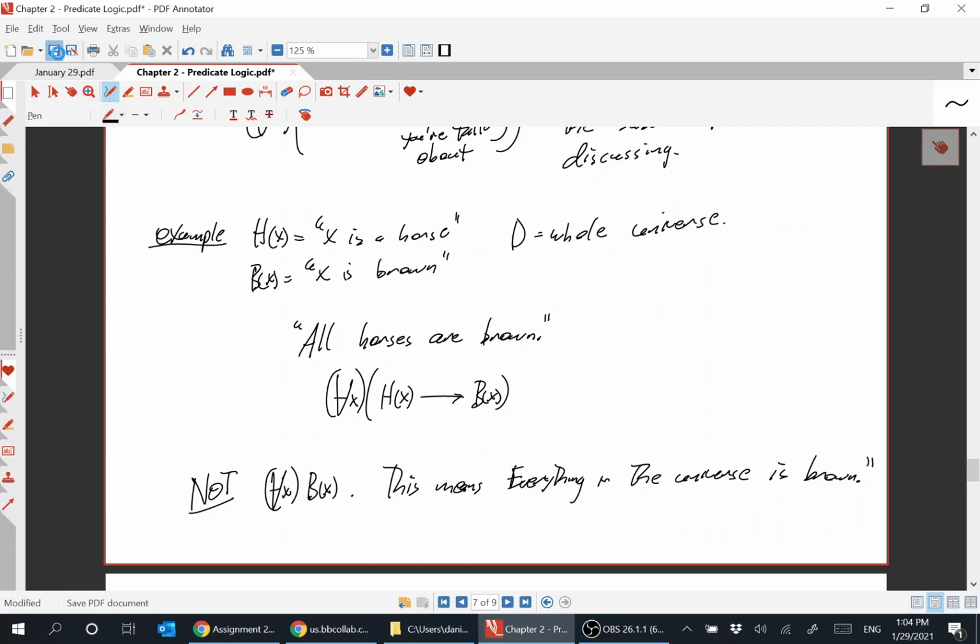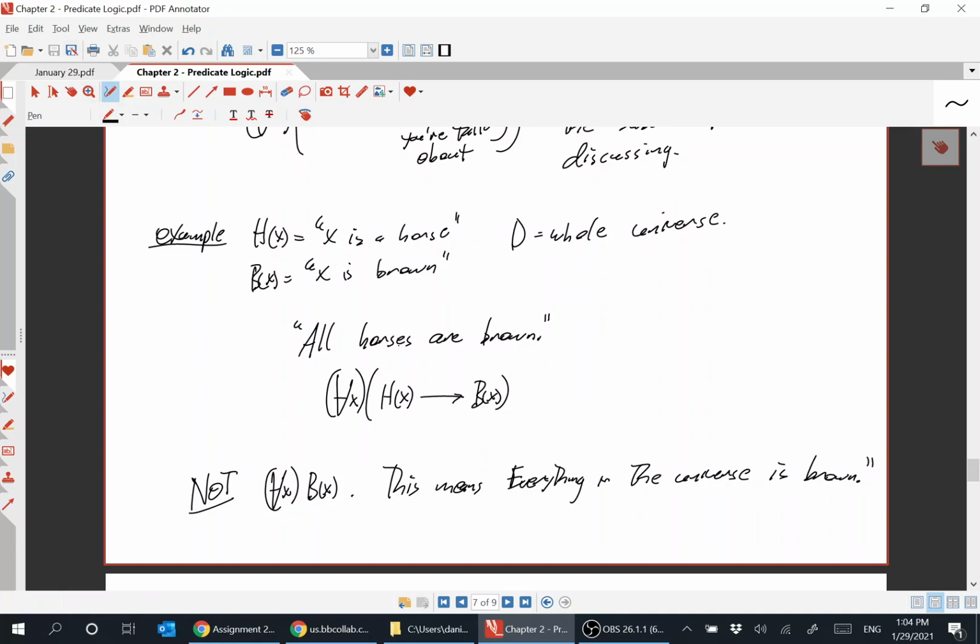Different shades of brown. All right, now suppose we live in an alternative universe where, yes, indeed, all horses are brown. There's no such thing as a horse that isn't brown in this alternate universe that we're suddenly occupying. In this alternate universe, this is true.